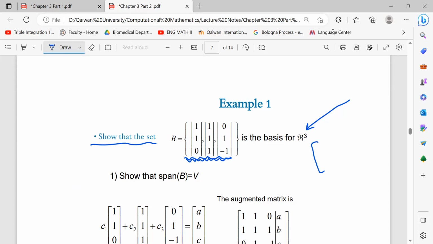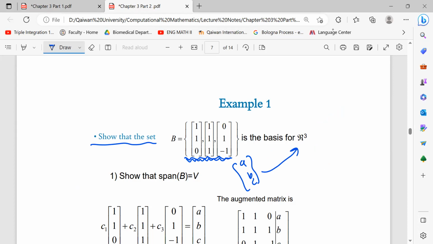The vectors in R3 are X, Y, Z, or X1, X2, X3, or A, B, C. If they are variables, you are free to choose any of 3 variables. Let's take A, B, C. These are the vectors of R3.